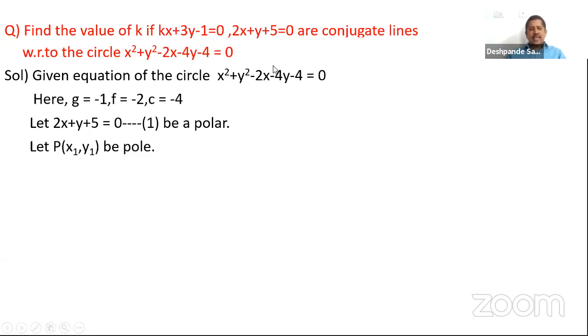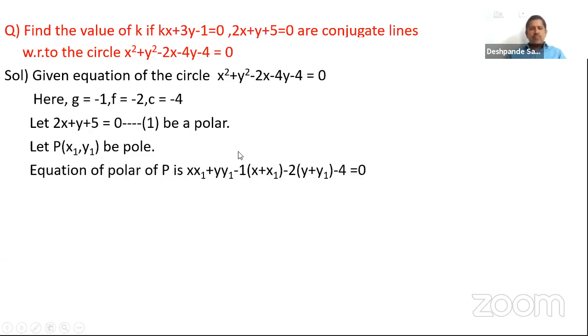So instead, we have taken 2x plus y plus 5 equals 0 to be the polar. Now you take the pole as x1, y1. So what is the equation of polar formula? It is xx1 plus yy1 plus g times x plus x1 plus f times y plus y1 plus c equals 0. So g value is minus 1, f value is minus 2, and c value is minus 4. So you get xx1 plus yy1 minus 1 into x plus x1 minus 2 into y plus y1 minus 4 equals 0.